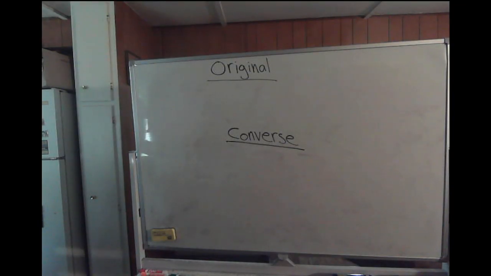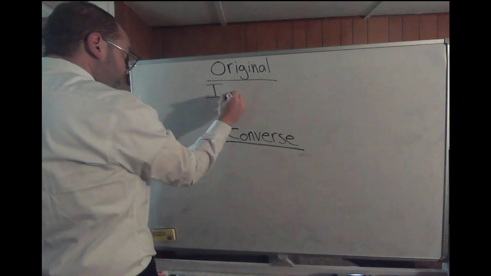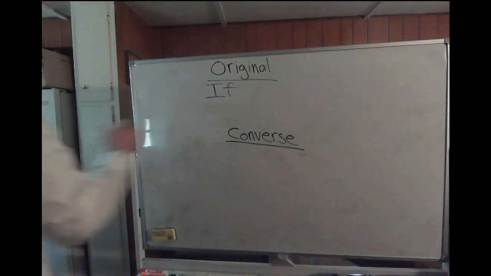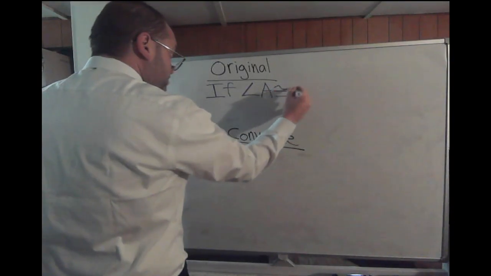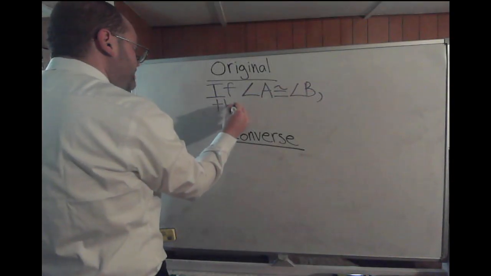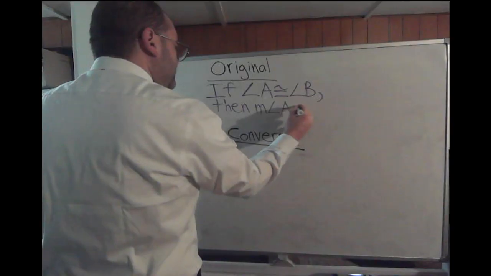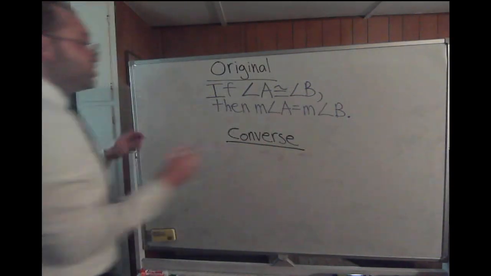All right. Let's see. If angle A is congruent to angle B, then the measure of angle A equals the measure of angle B. Alright, so here's the original statement.